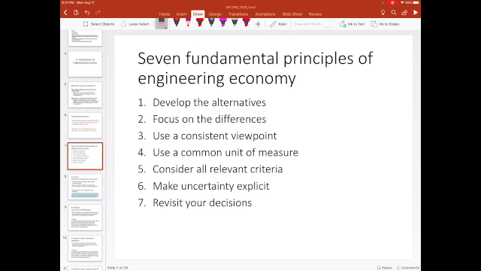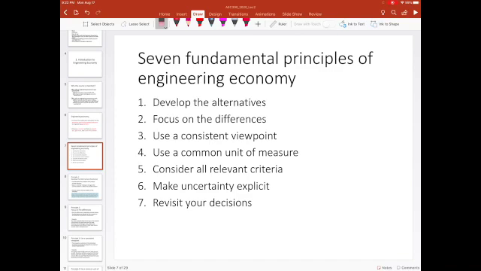So you might have market change, you might have uncertain conditions, you might have risks for paying off your loan. You want to think about all of these uncertain things at the beginning of the decision making and make them as explicit as possible.